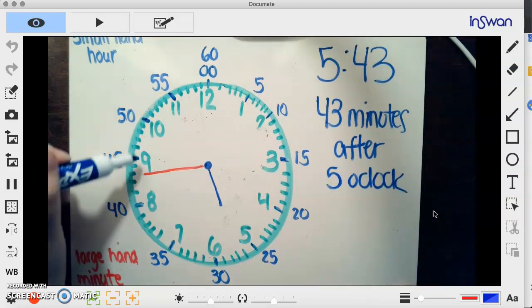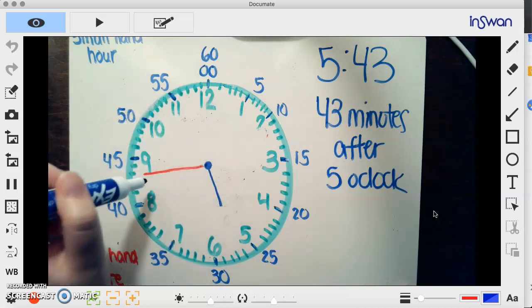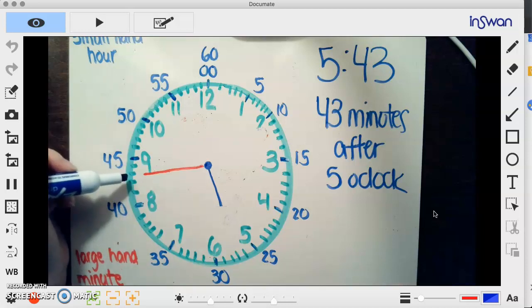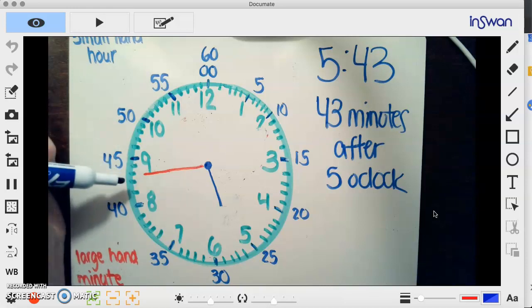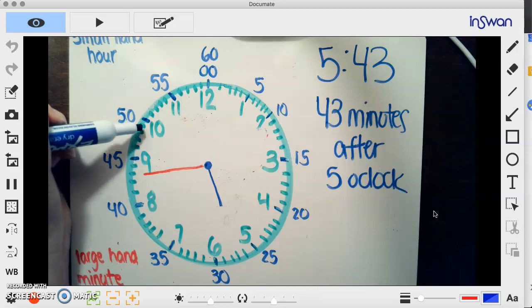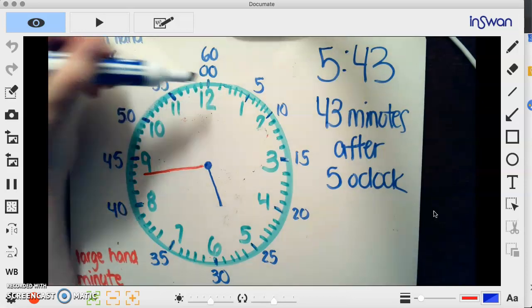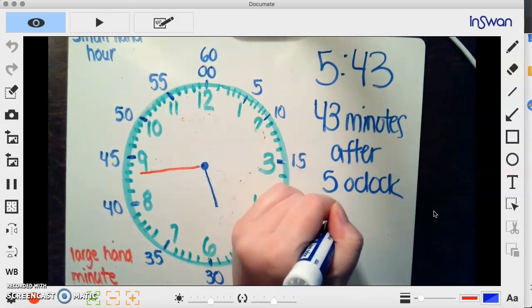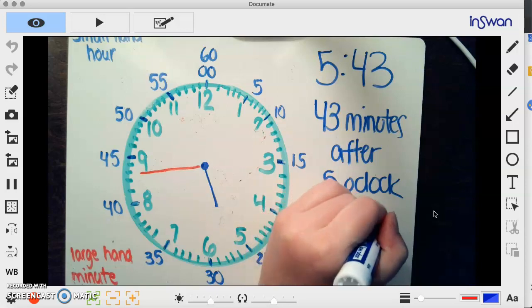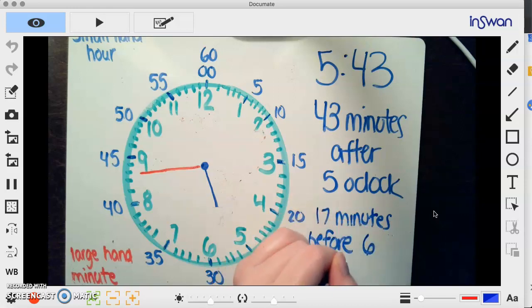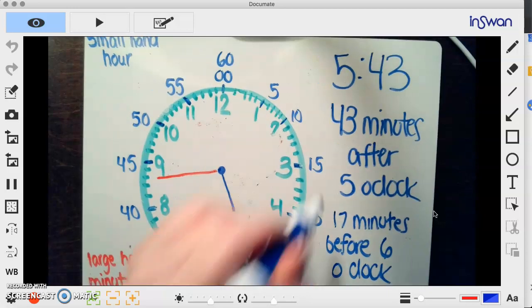Now, if I want to keep going around the clock to say how much until it's 6 o'clock, I can say, so we're at 43 now, 44, 45, so let's see, 43, 1, 2, 3, 4, 5, 6, 7, 8, 9, 10, 11, 12, 13, 14, 15, 16, 17. So I can say it's 17 minutes before 6 o'clock.